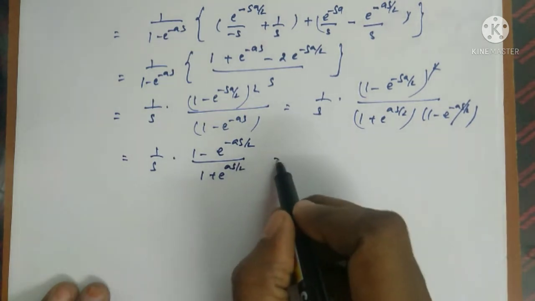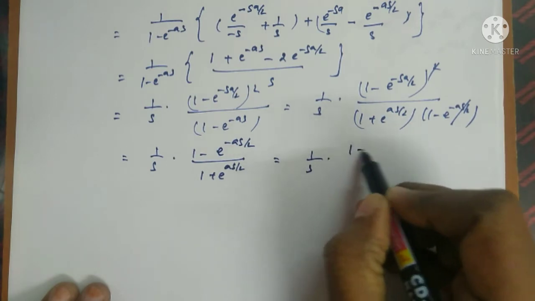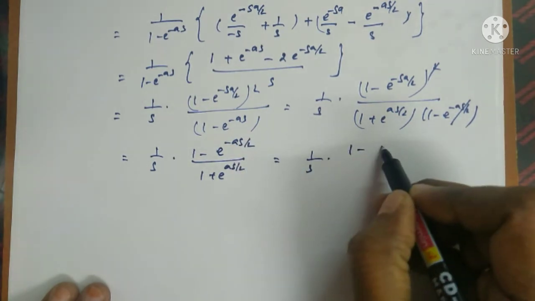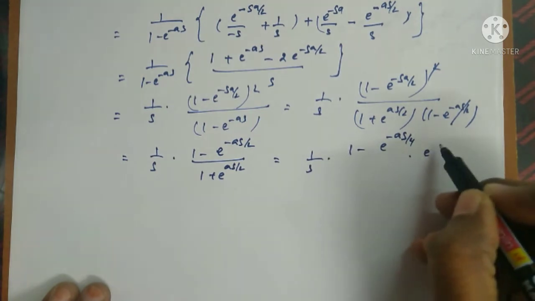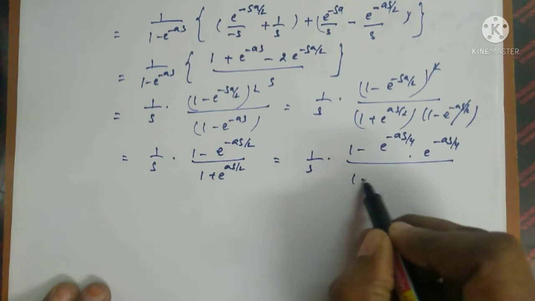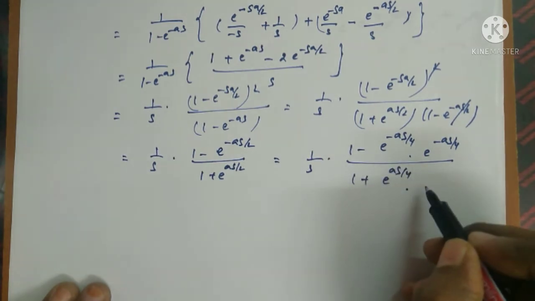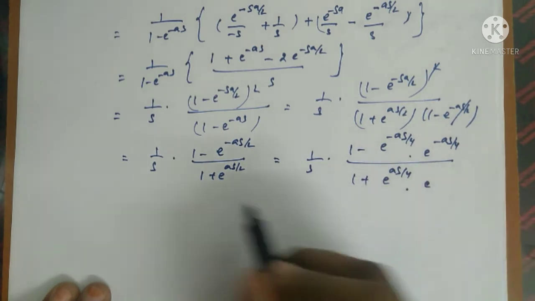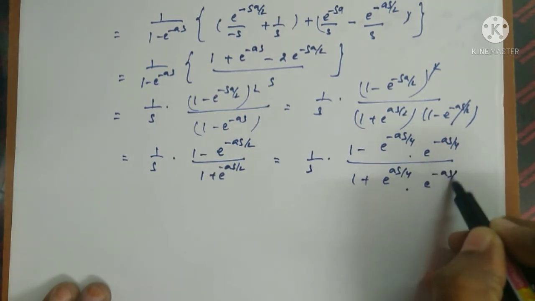Okay, and which is equal to again 1 by s, 1 minus, this can be written as e power minus as by 4 into e power minus as by 4 divided by, and this term also 1 plus e power as by 4 into e power minus as by 4.